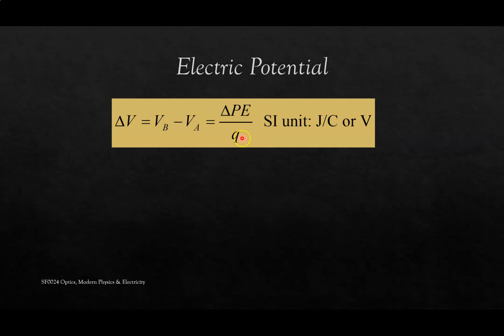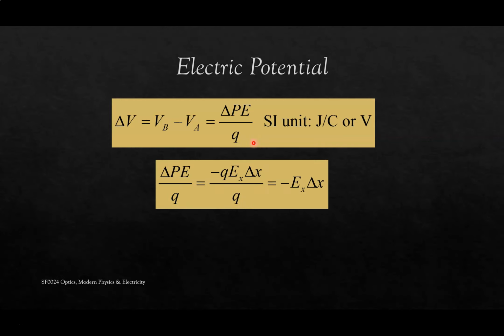You can also think of the electric potential difference as the work per unit charge that will have to be done by some force to move a charge from point A to point B in an electric field. Take a look at the unit.